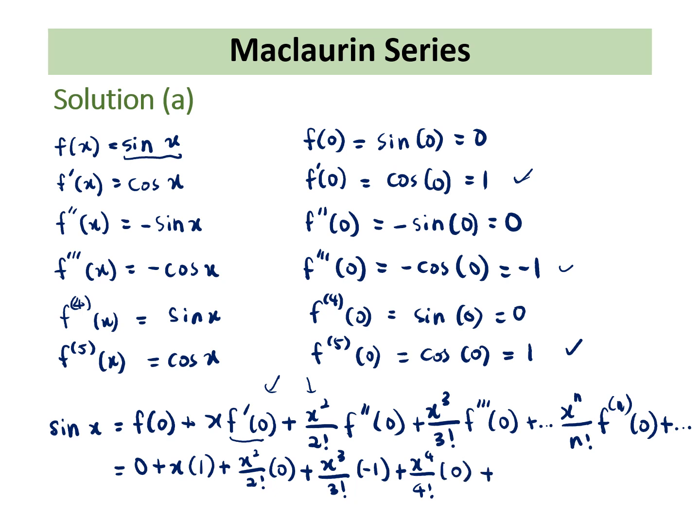And the last one is x to the power of 5 over 5 factorial times f5, which is 1.